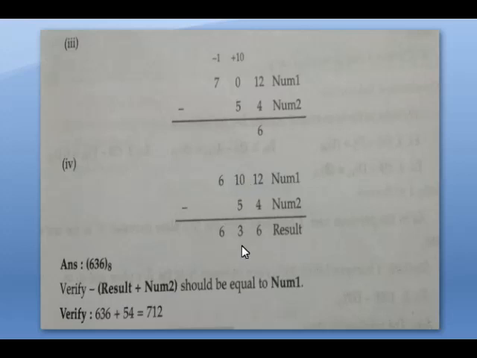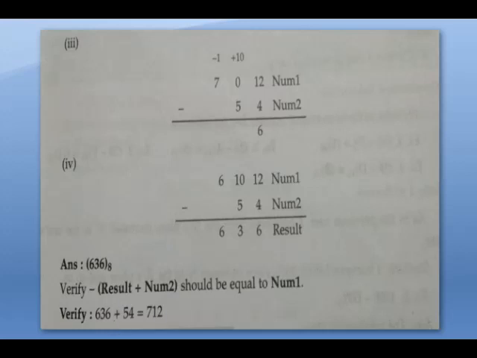So 8 minus 5 is 3. Here we reduce a number on this side, that is 6. So the result is 636. If we shift 1, it is treated as 10, but here it is 8. When we borrow one from here, we are borrowing an octal number. So this is the way you have to do the octal subtraction.